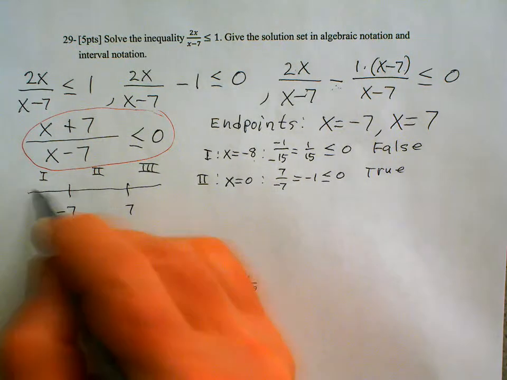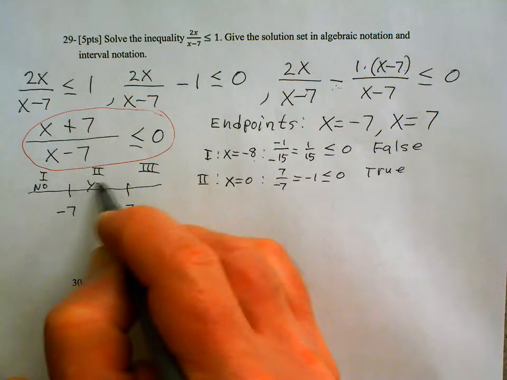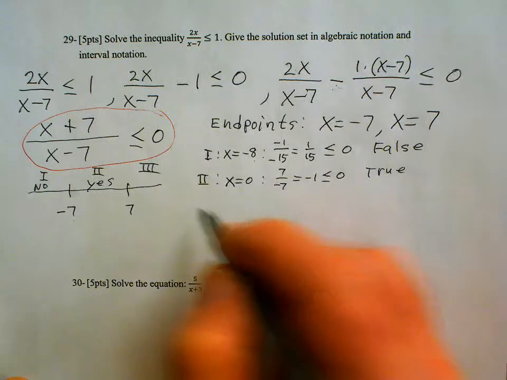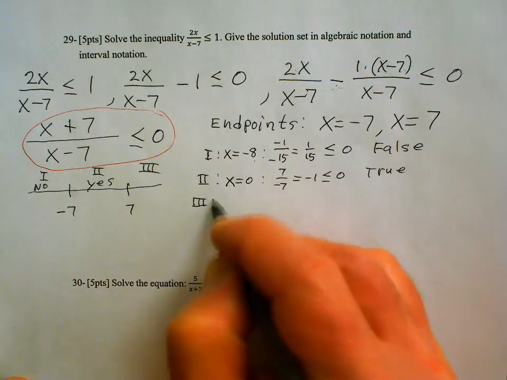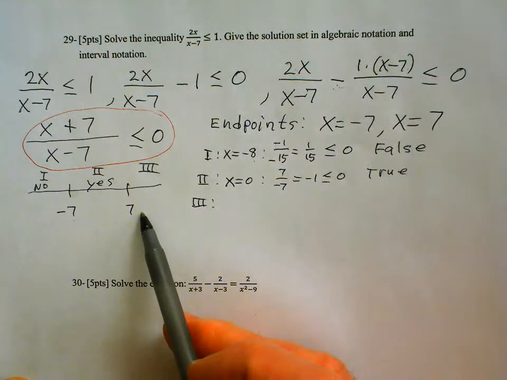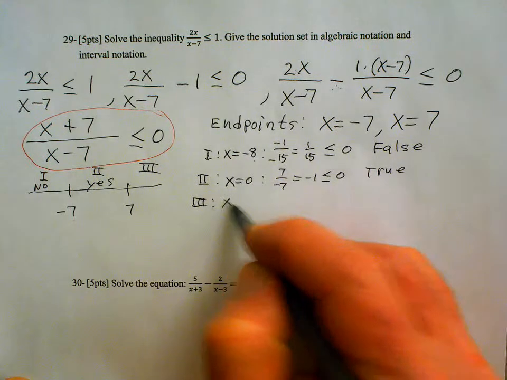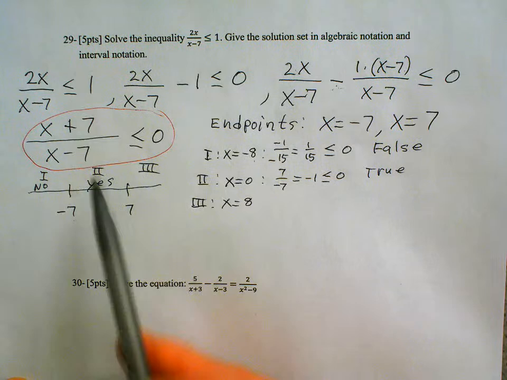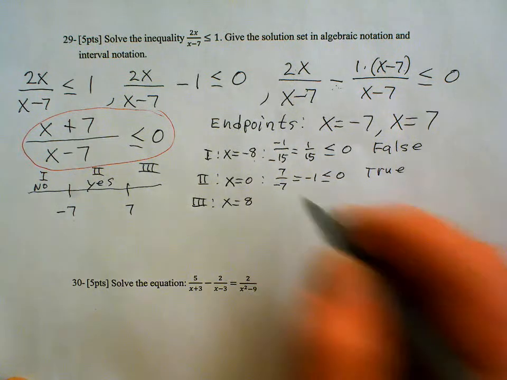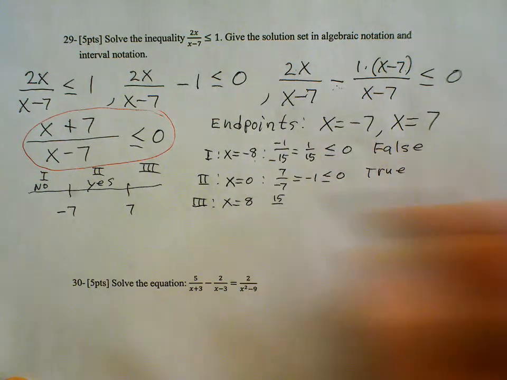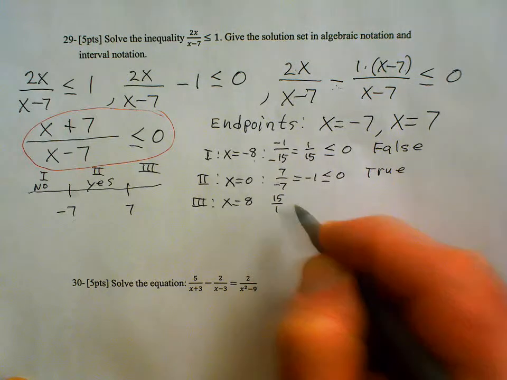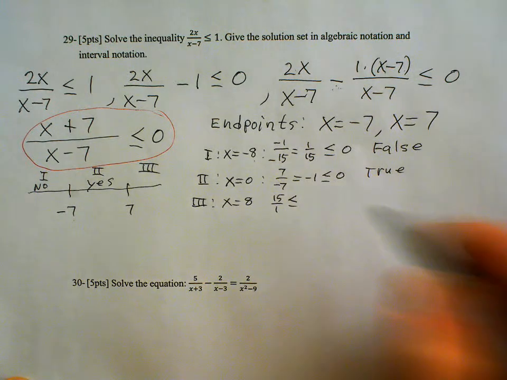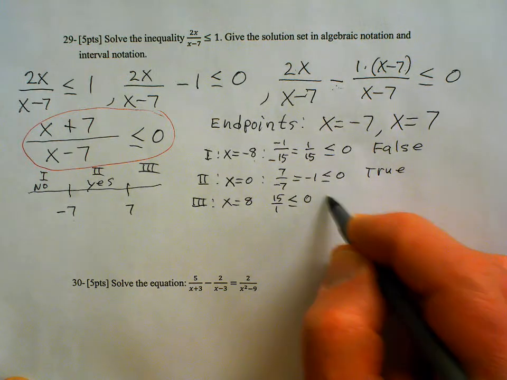Okay, so we have no, yes. And then the third interval, pick a number greater than 7. So I'll pick x to be 8. In the numerator, 8 plus 7 is 15. In the denominator, 8 minus 7 is 1. But 15 over 1 less than or equal to 0 is false.